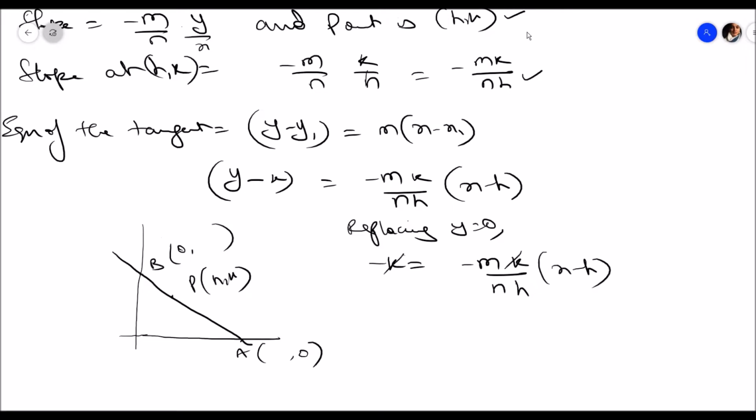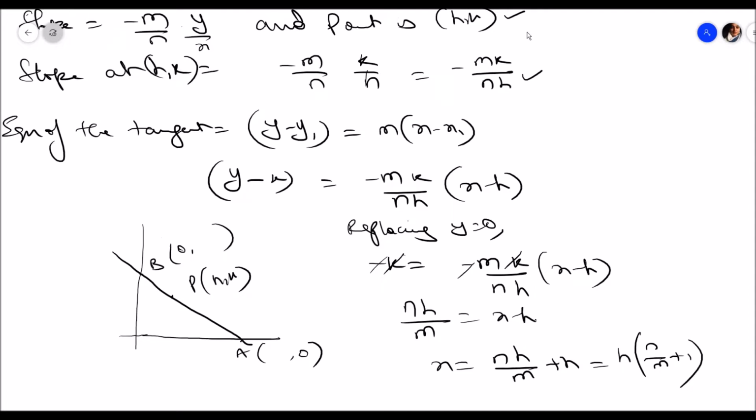So k gets cancelled, and of course the minus sign also gets cancelled. So nh by m should be equal to x minus h, and x will be equal to nh by m plus h, which I can write as h into n by m plus 1. So this coordinate will be given by this.